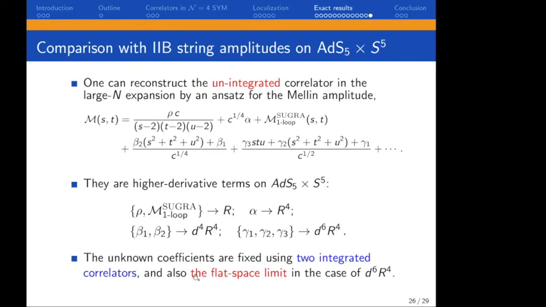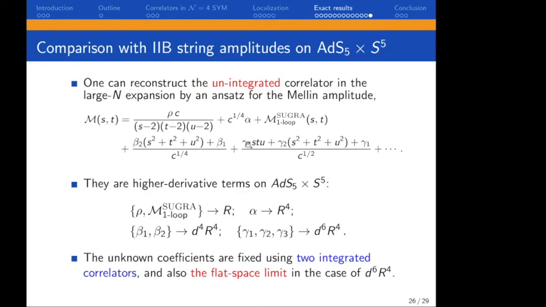However, there's a so-called flat space limit. I'm writing down the amplitudes on AdS5 × S5, but you can take a flat space limit. In that limit, this term will dominate and should match with the flat space amplitude, which we already know.